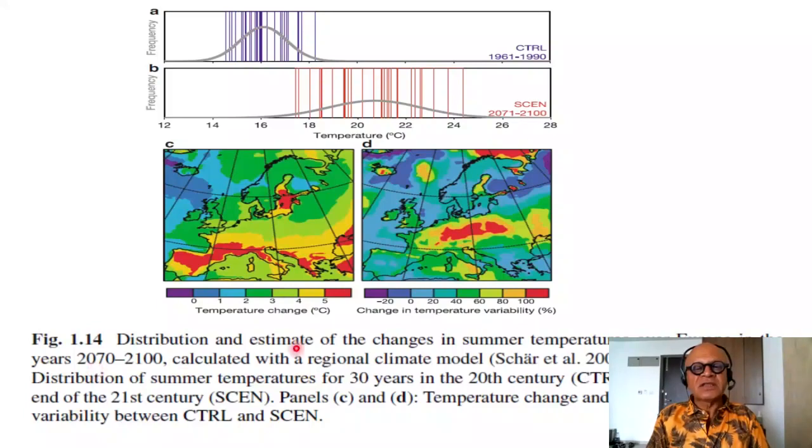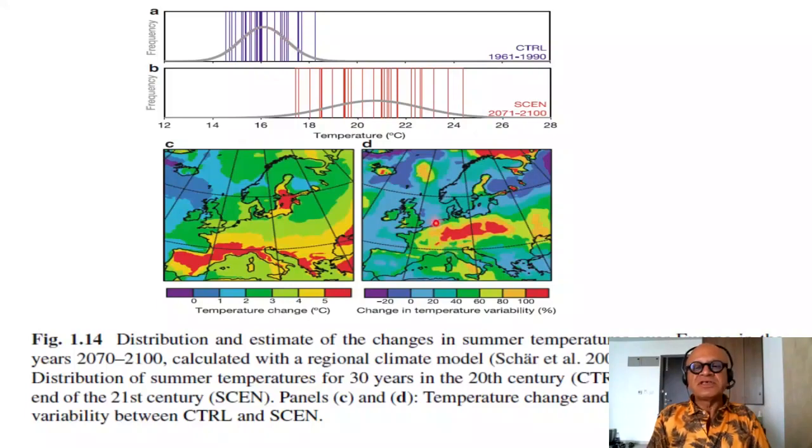So you can see that the temperature change, if there was no global warming, would be this way. So you have a mean here around 16 degrees centigrade with the tail, and here you are changing the mean as well as the tail quite a bit by using these scenarios.